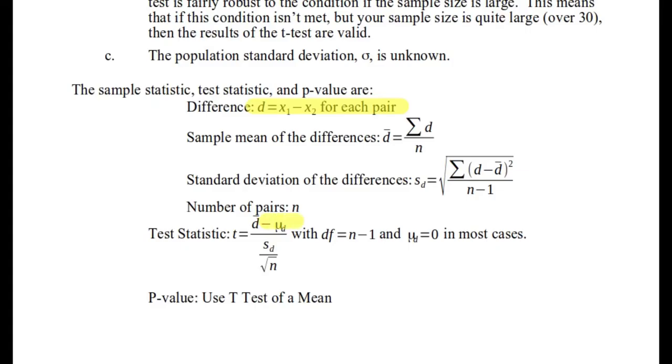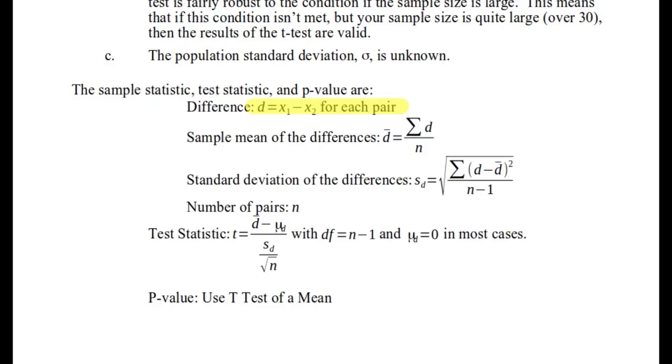But this is a hypothesis test, and hypothesis tests often tell us some information. We're allowed to assume the null hypothesis. And so notice that in most cases, the null hypothesis is that there's no difference between the two populations. That is, that the mean of the differences is 0. So that makes this formula just a tad nicer.